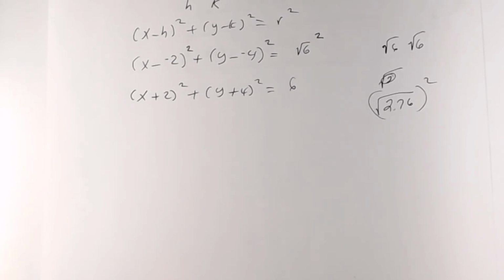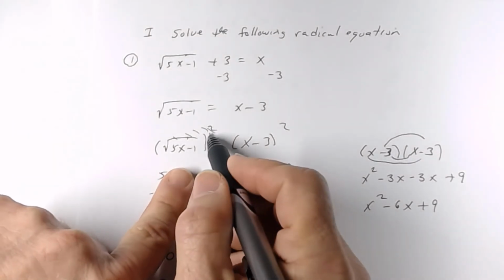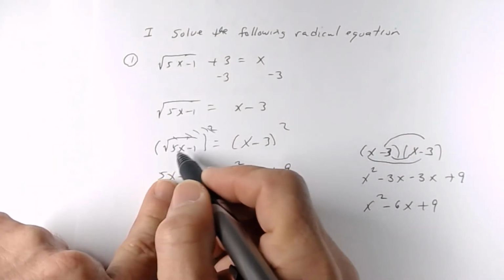Is that because the square cancels the square root? Okay, so remember when we talked about solving a radical equation? At the beginning of class, we looked at this, if I can find it real quick. We had the discussion that the square and the square root undo each other, right?